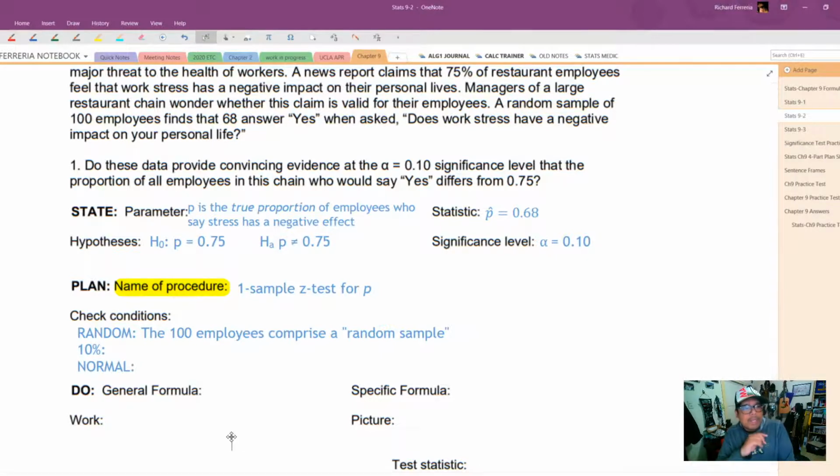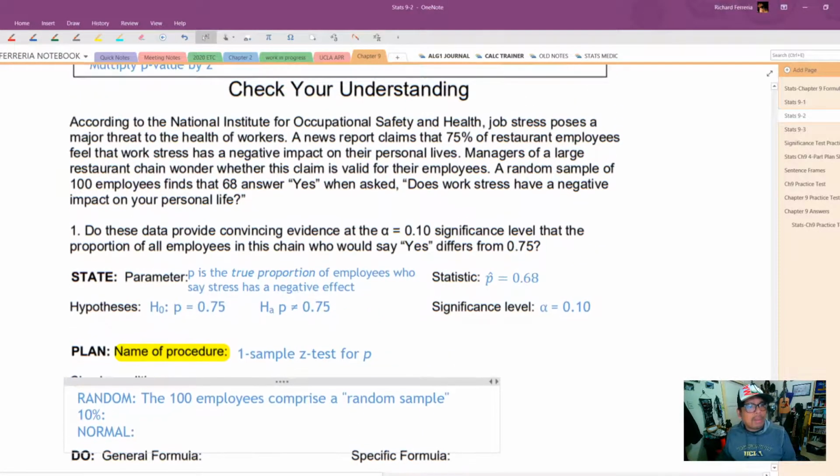Now for the 10% condition, this is where we get a little bit of iffiness, because there are 100 employees in the sample, and that needs to be less than 1/10 of all employees, meaning there has to be more than 1,000 employees. I remember reading that this was a large restaurant chain.